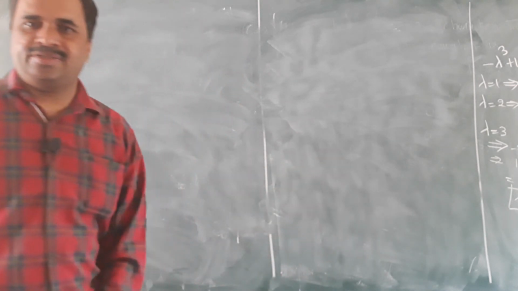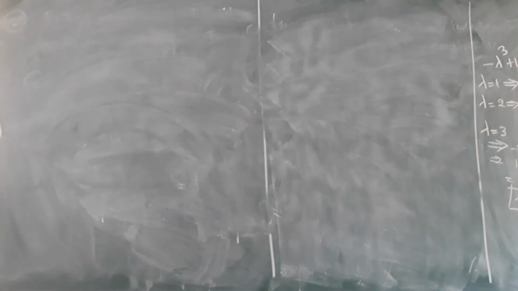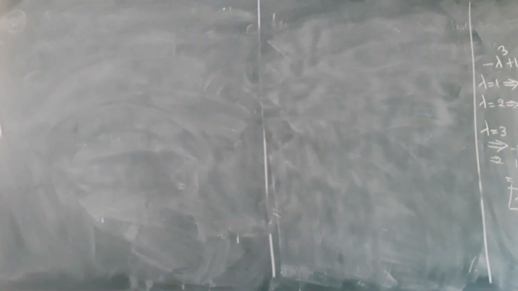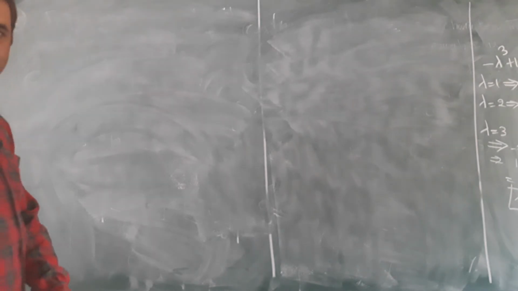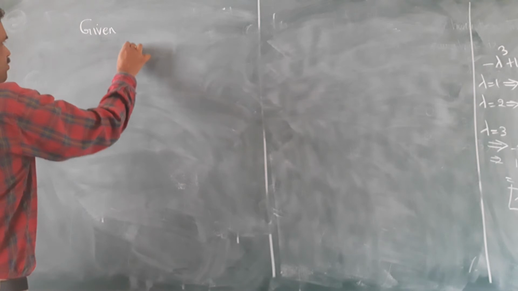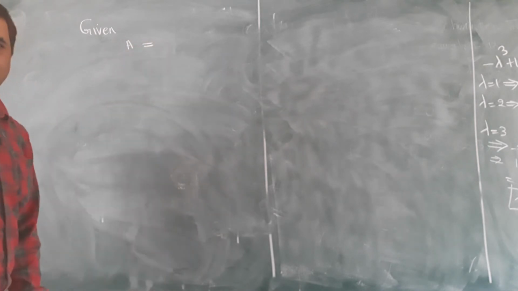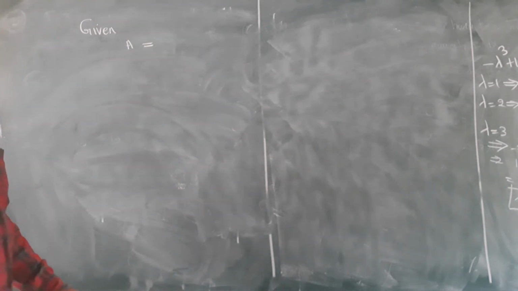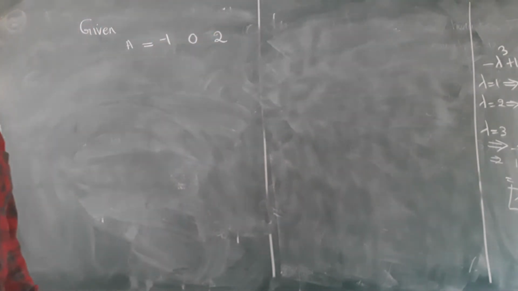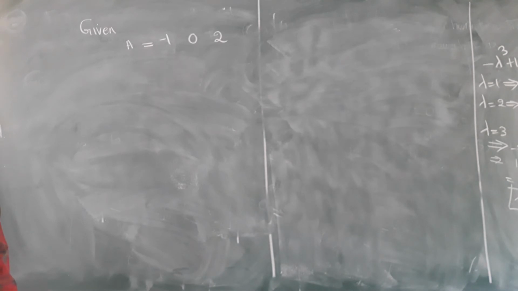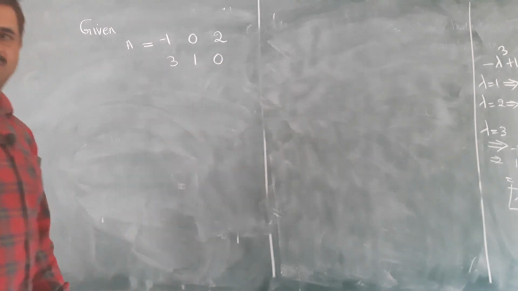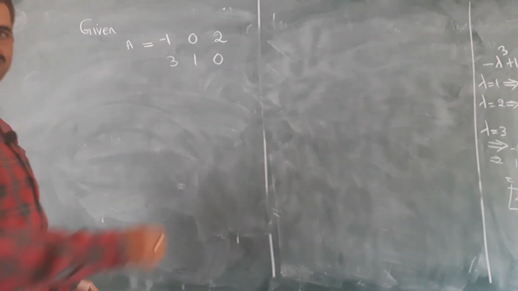Practical 20 we are doing, right? Given A equal to [-1 0 2; 3 1 0; 0 1 2].